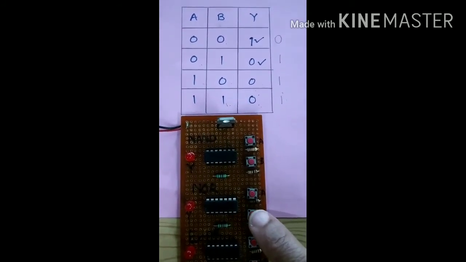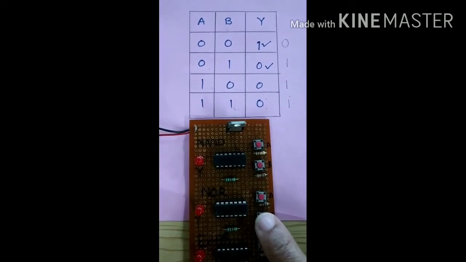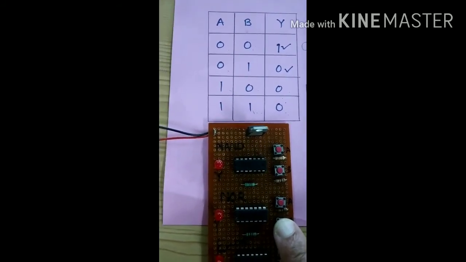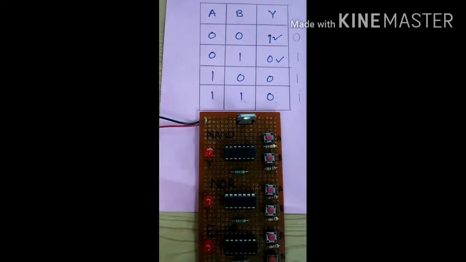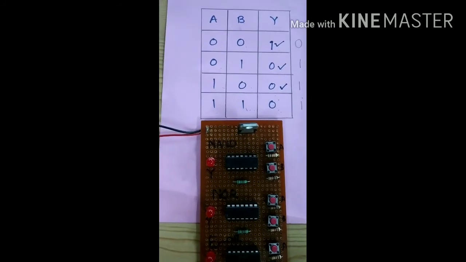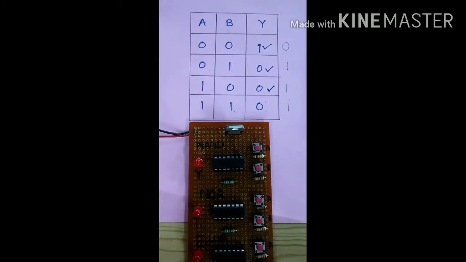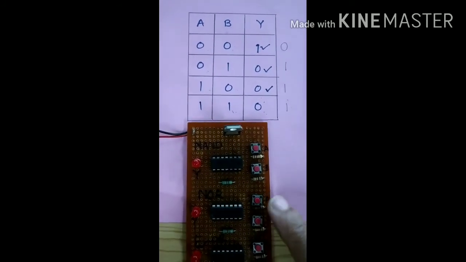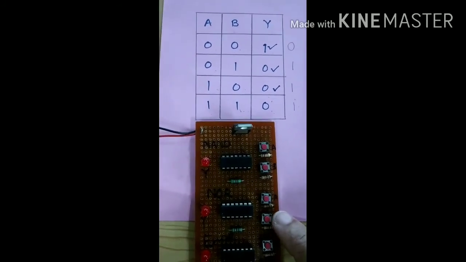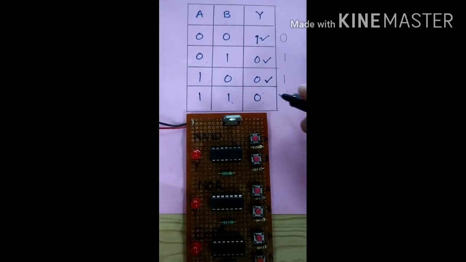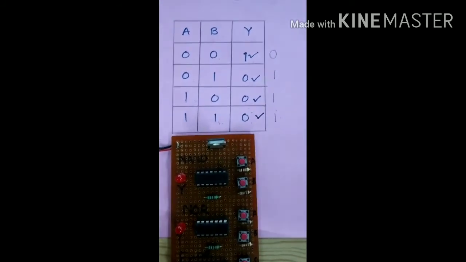So to make B 0, I have to press B switch. Then output is 0 as LED is off. So third condition is also satisfied. Now last condition, A and B both are 1 and output should be 0. So at rest condition both A and B are 1 and LED is off. That means last condition is also satisfied.